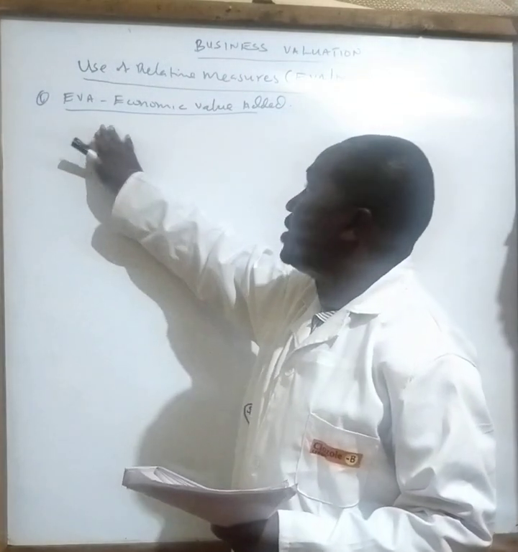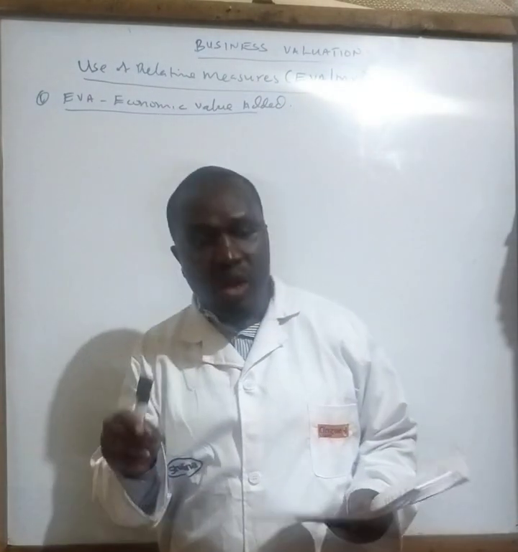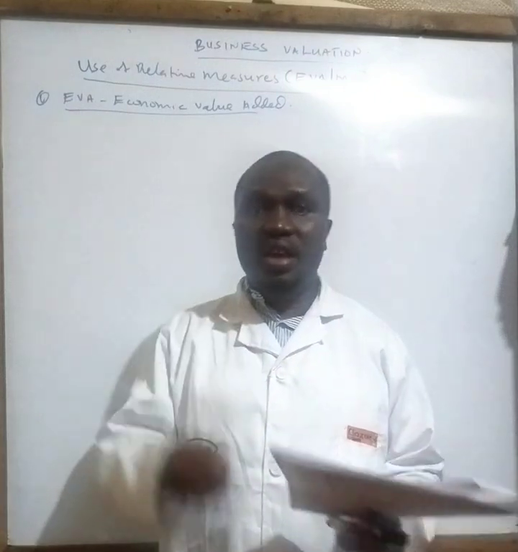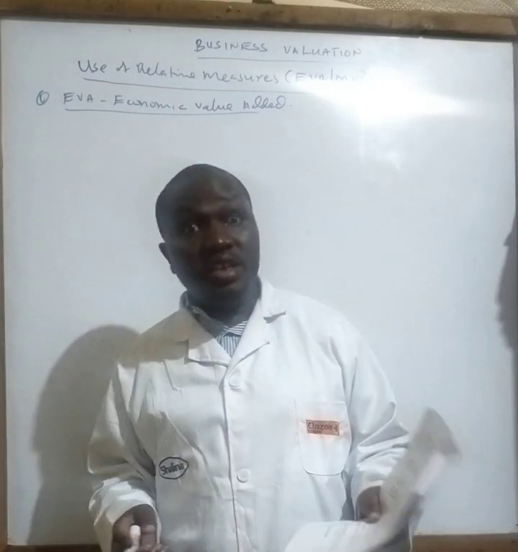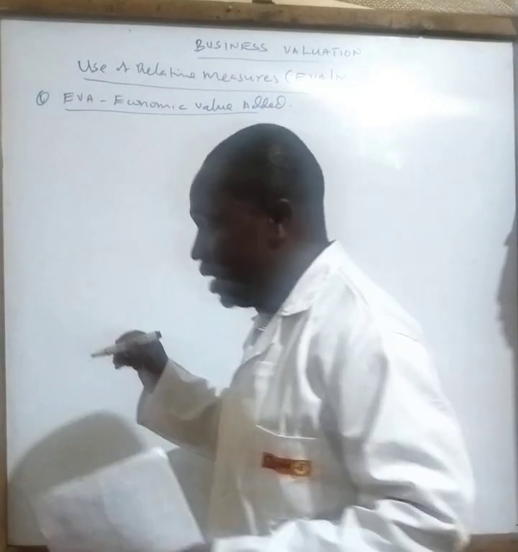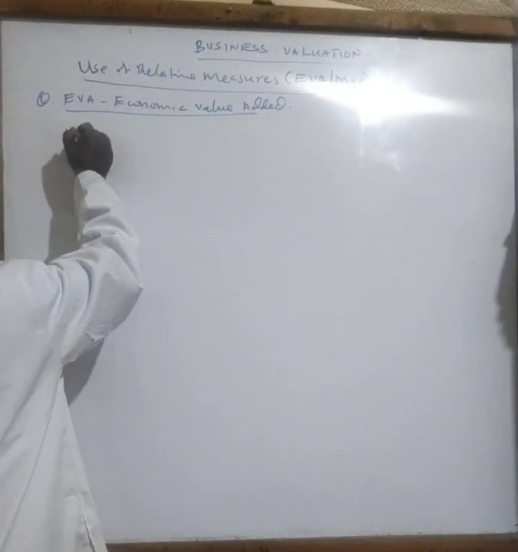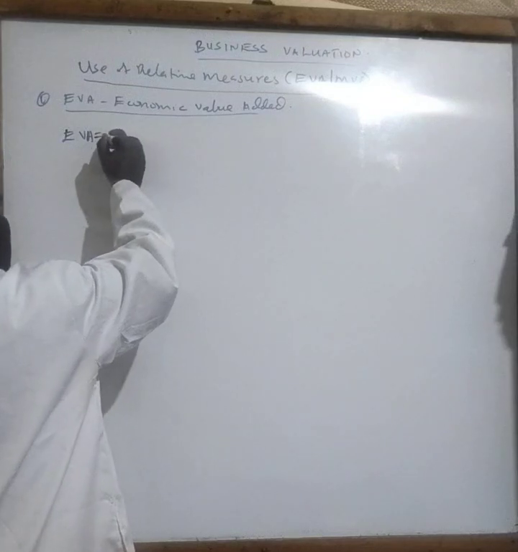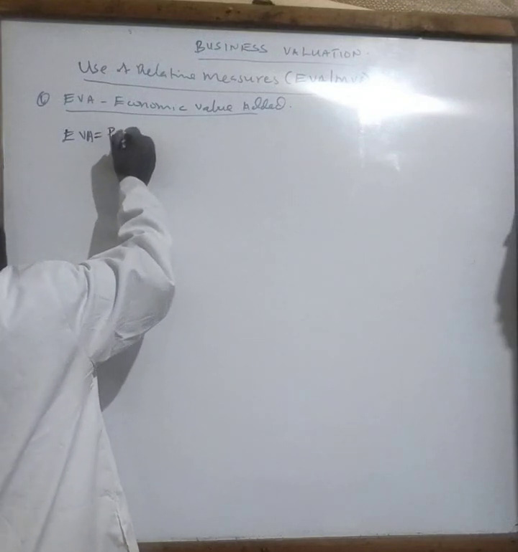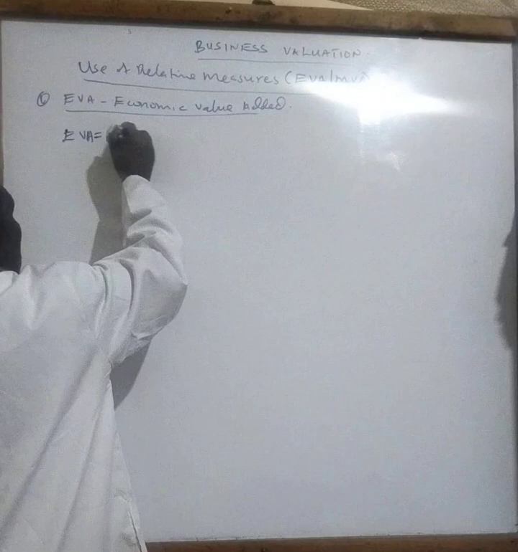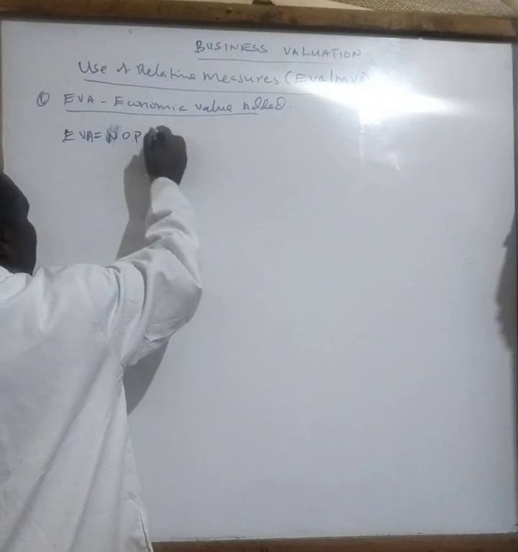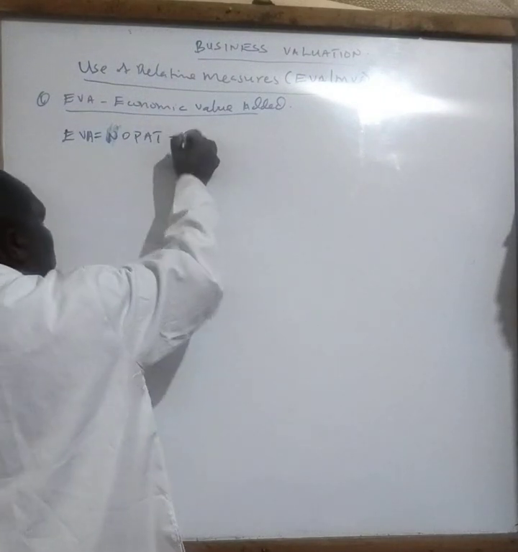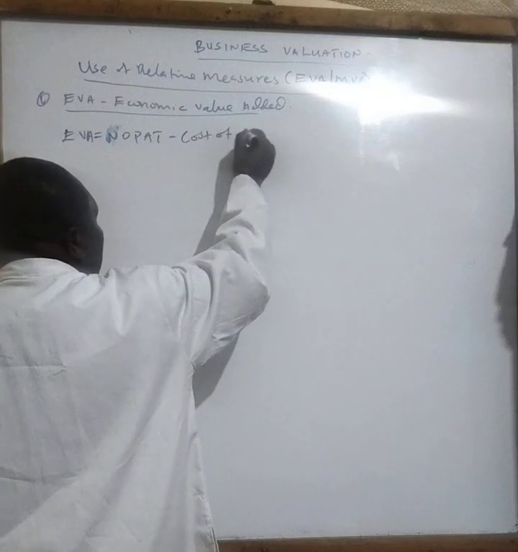So EVA is an income to an entity that is above the required rate of return. Therefore, EVA is calculated as net operating profit after tax minus the cost of capital.